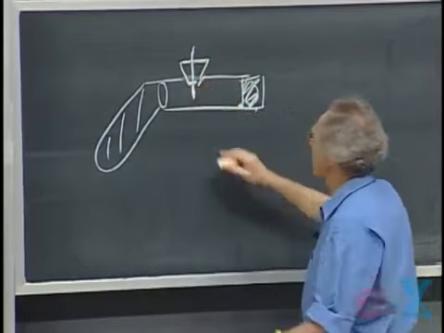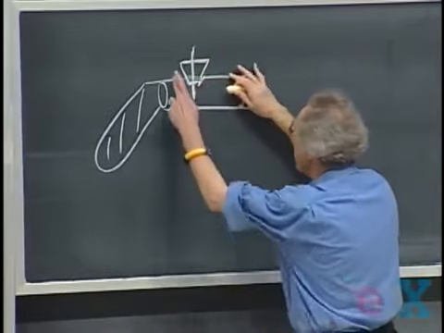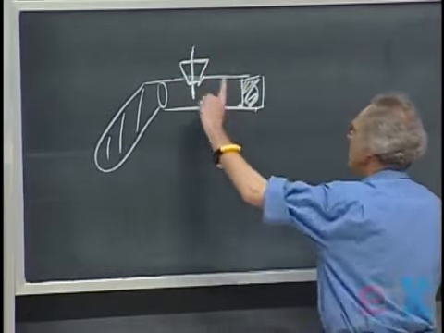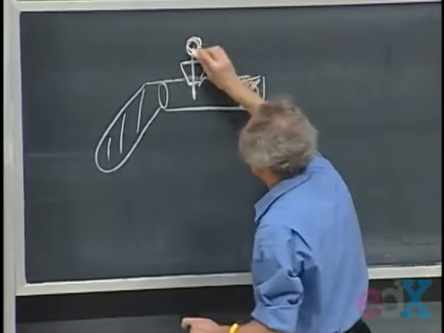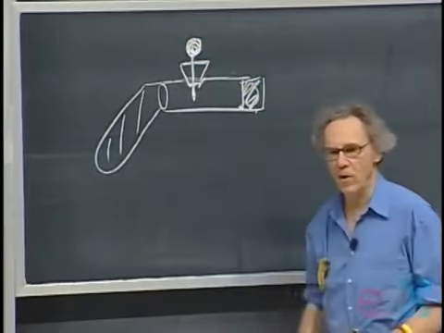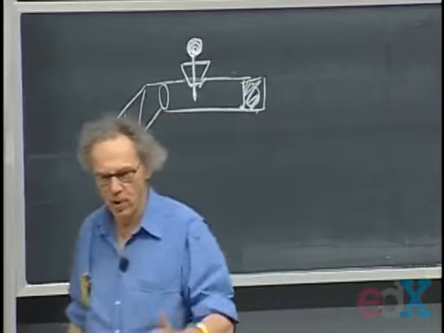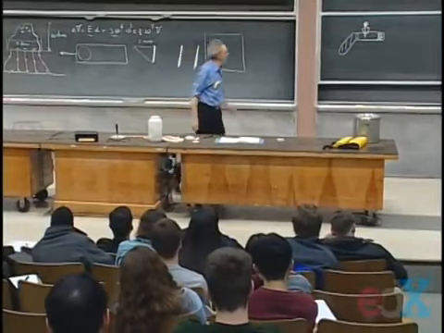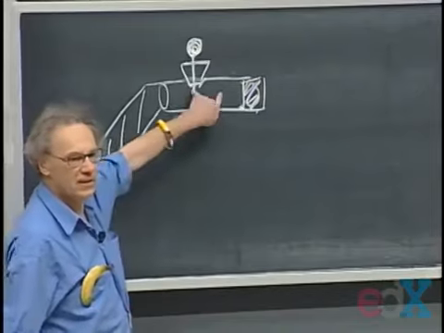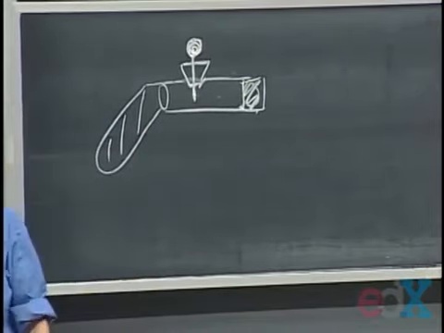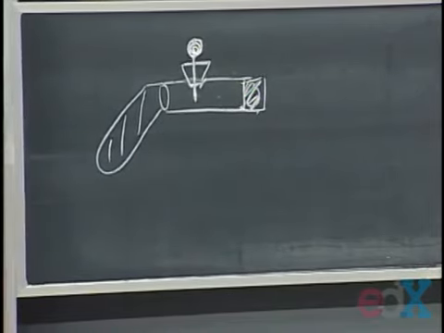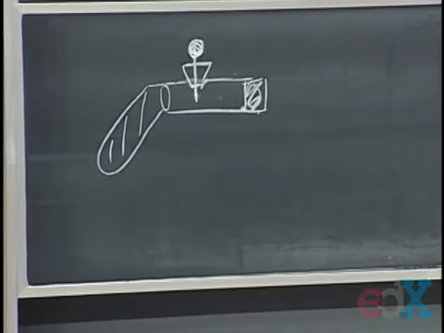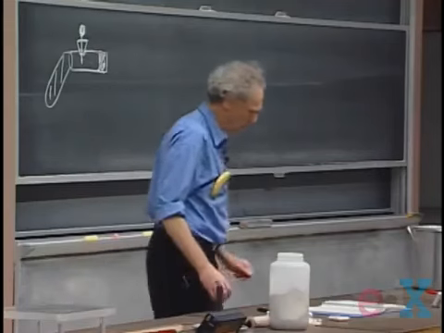This pin was completely insulated from the barrel, the conducting barrel, and then they would put some charge on here so that the spark would fly over there. It's really the precursor of the spark plug that we have in our cars. It's no different. And so if indeed there was this marsh gas in there, there might be an explosion, and that was a warning then that there may be danger for the soldiers.